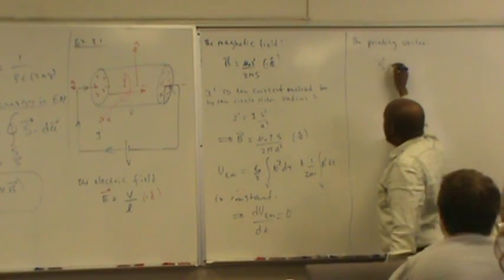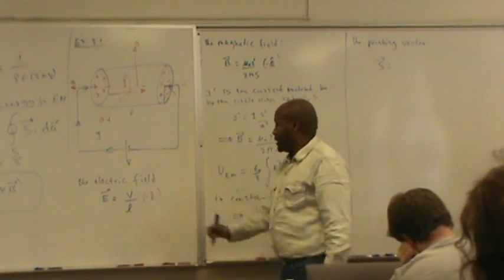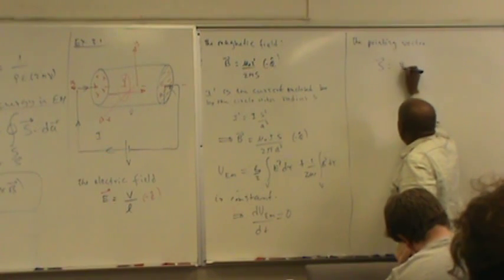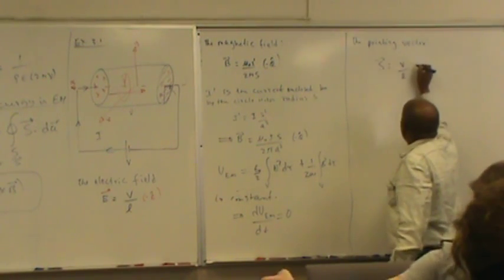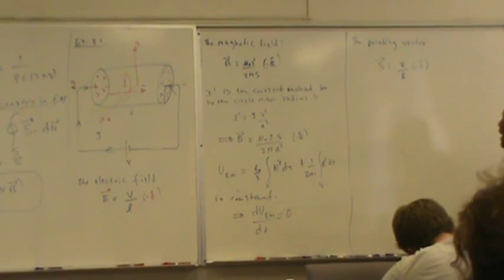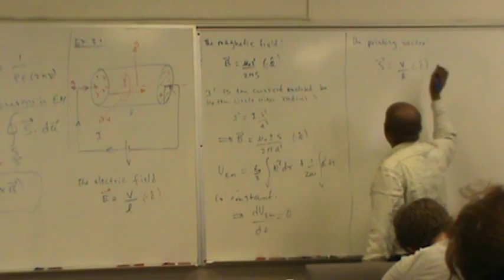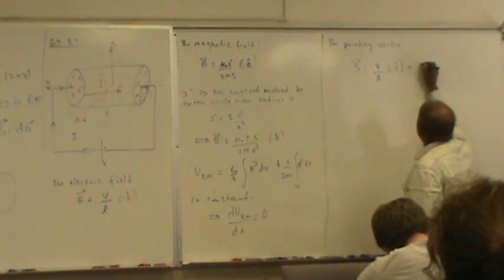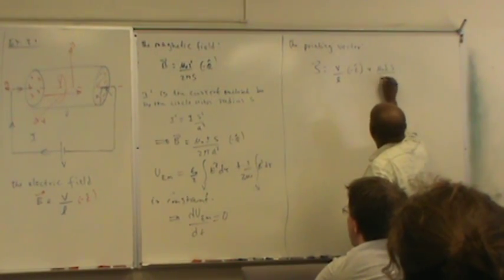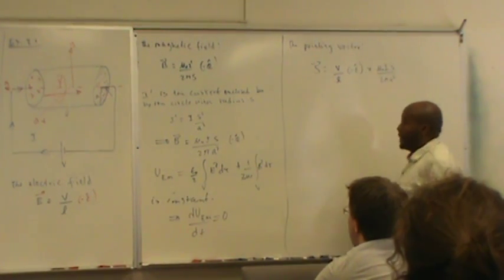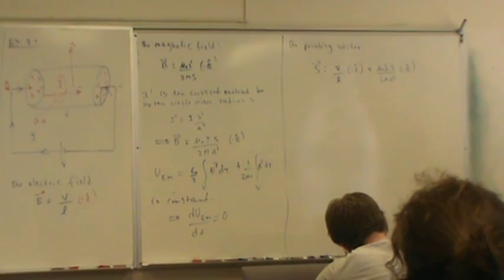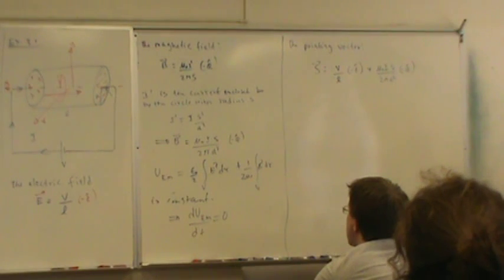We have the electric field, V over L along the negative z direction, and a magnetic field along the phi direction, which is mu naught I S over 2 pi S squared in the minus phi direction.